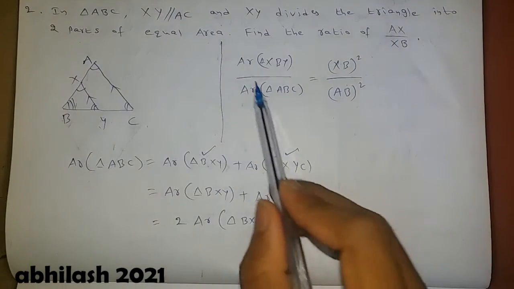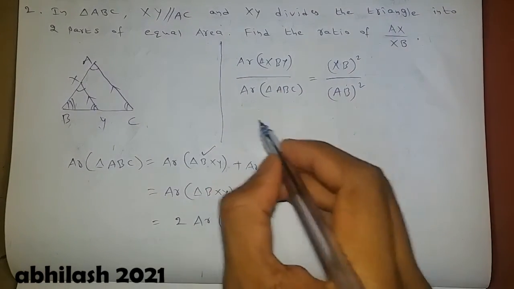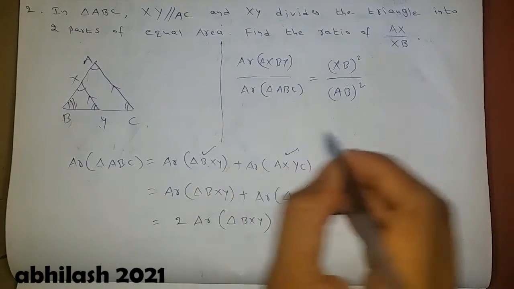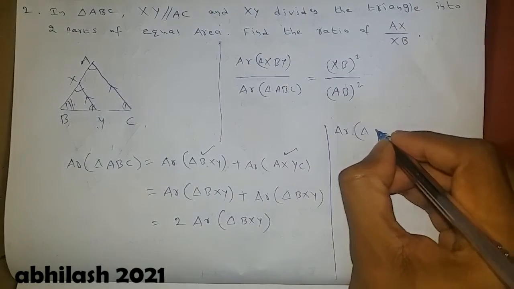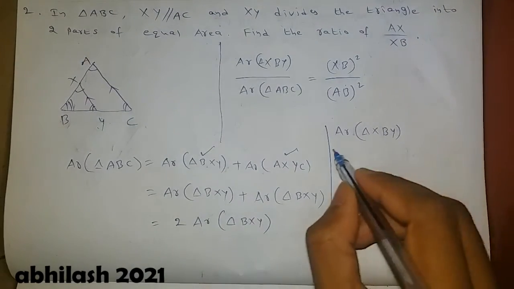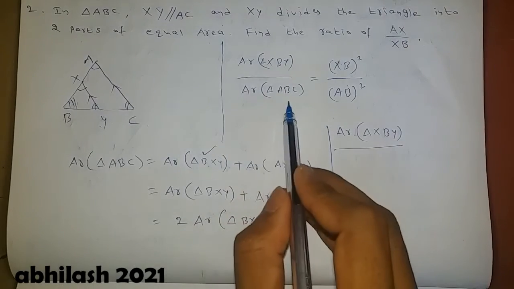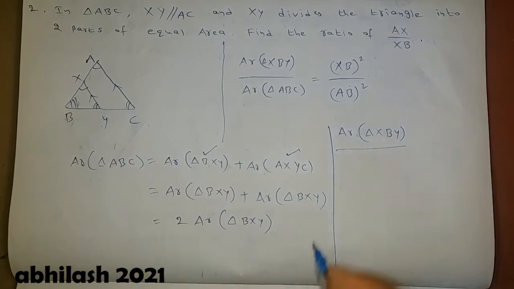Next, area of XBY I am keeping as it is. Area of triangle XBY divided by area of triangle ABC. Area of triangle ABC is nothing but 2 times the area of BXY.